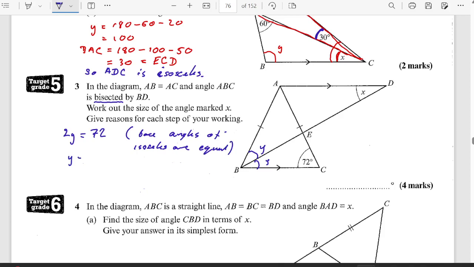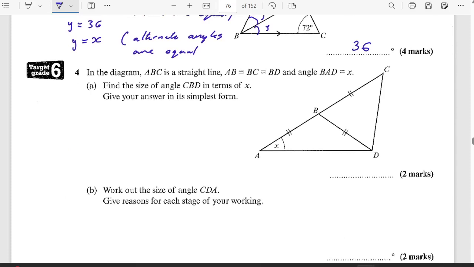So y would be equal to 36, and then y is equal to x, and the reason is that they are alternate angles are equal. So x would be equal to 36.